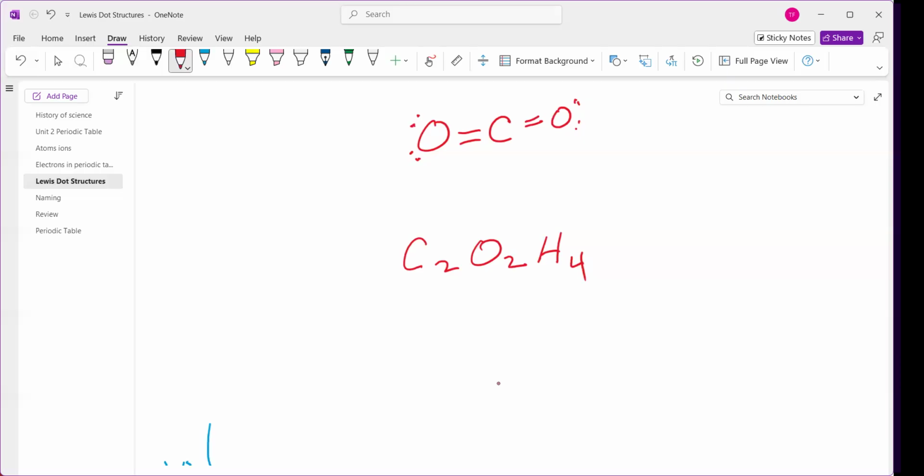But typically it's two, one. Each option has actually... So this oxygen needs to get all bonded.